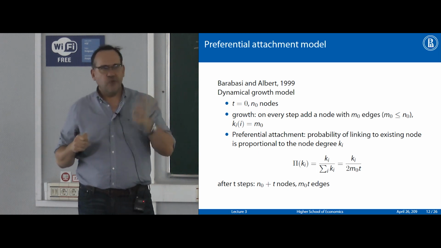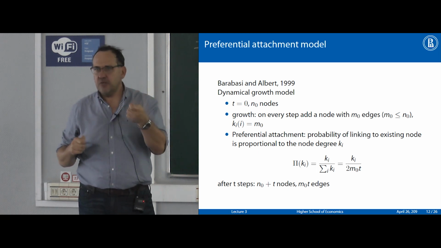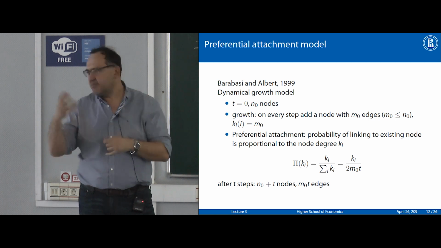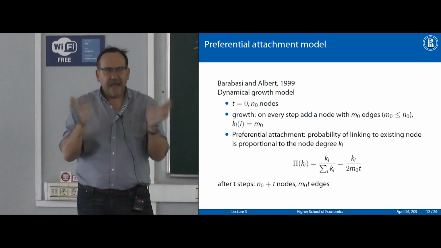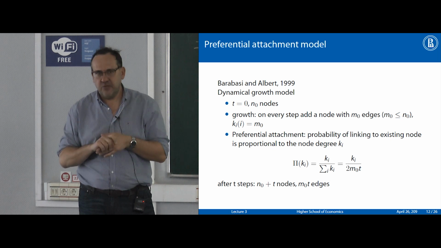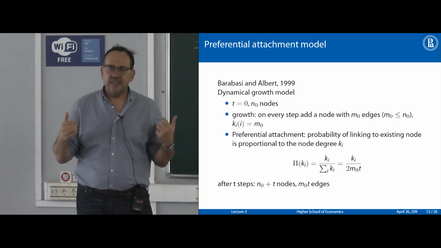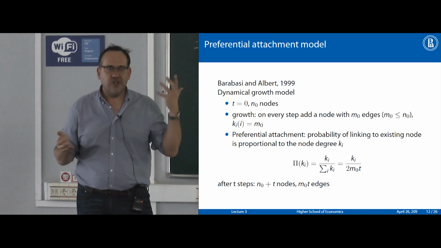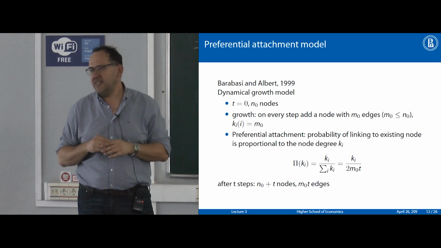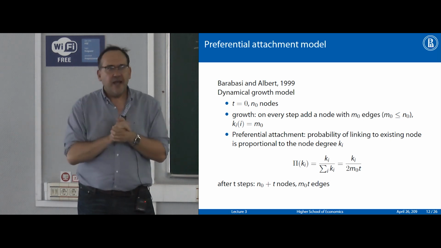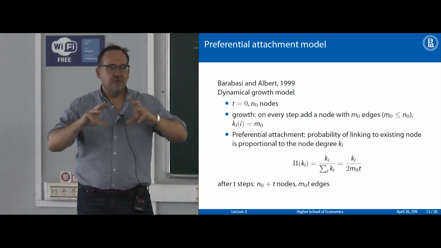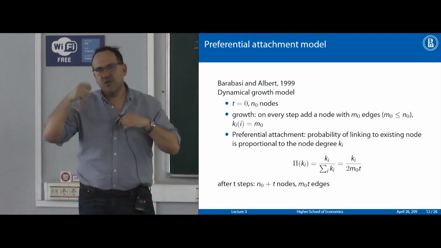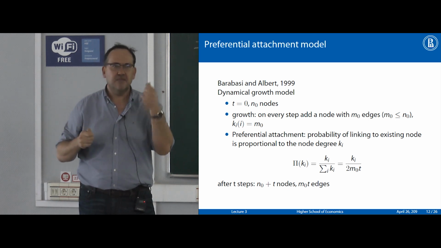Second is that when a connection is being formed, a node, a person, selects which node to connect to. And the way it does so is very simple. In this case, it's very much a greedy approach in the sense that it looks around and connects with a higher probability to a node that has a higher degree.